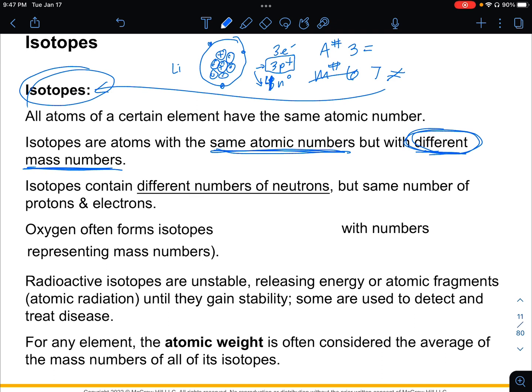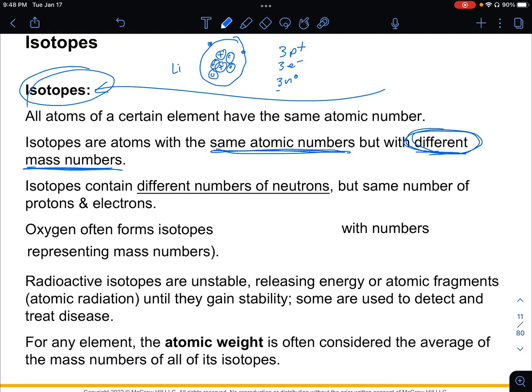What would happen if we changed the number of protons? So let's say instead of an extra neutron, we still have, so right now we have 3 protons, 3 electrons, and 3 neutrons.